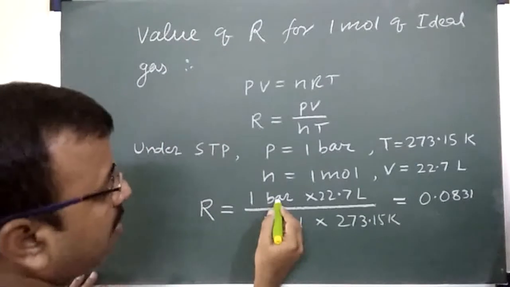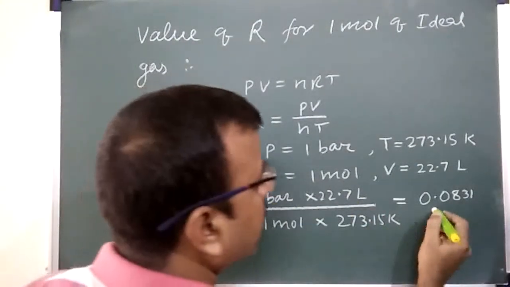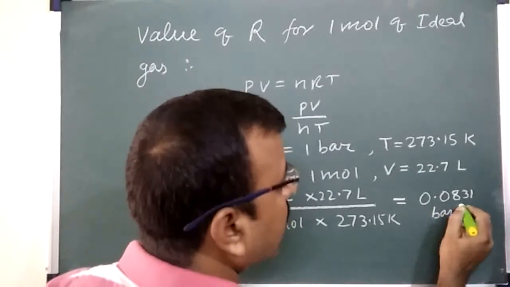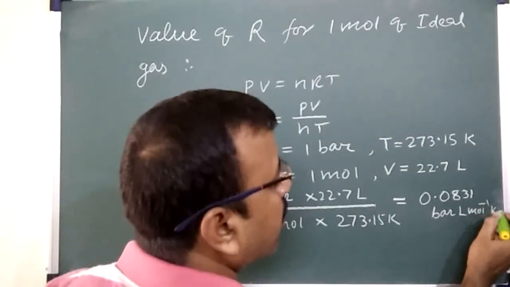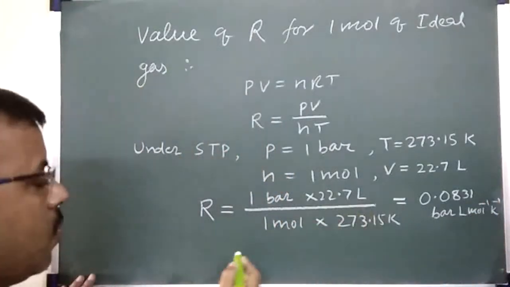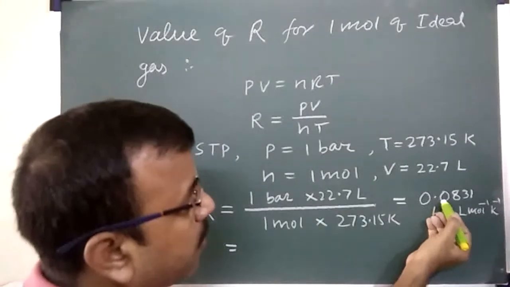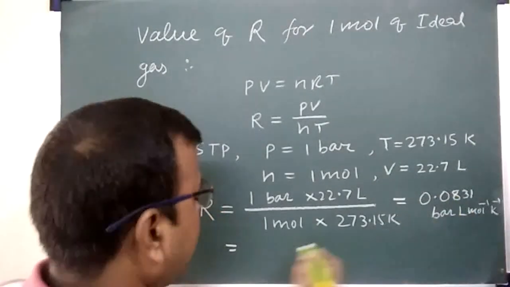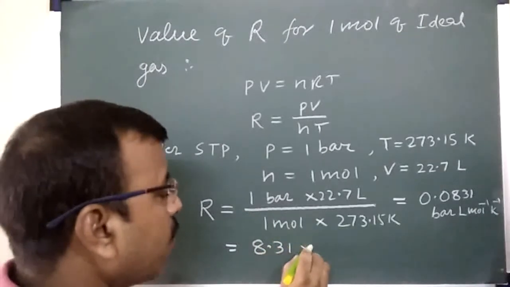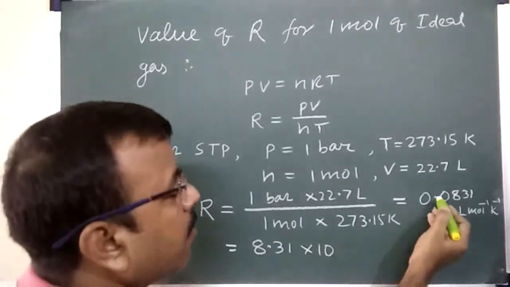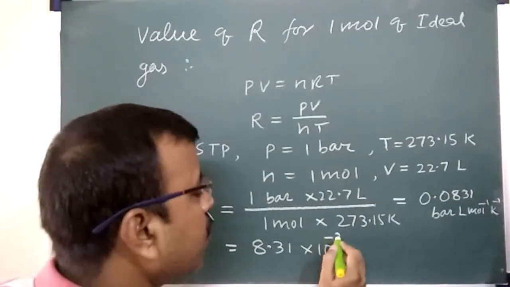Now units, what units are there? Bar, liter, per mole, per Kelvin. So when you express it in scientific notation, two places right, the value will be 8.31 into 10 to the power minus 2, because two places right, minus 2.